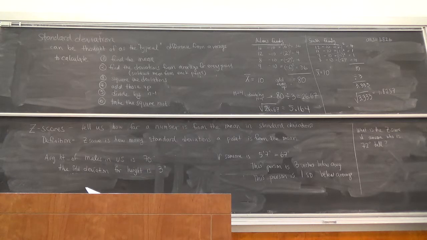Okay, so this person has a z-score equal to 2/3. We're all okay with fractions here. Or if we don't like fractions, we could say 0.667. Is that better?